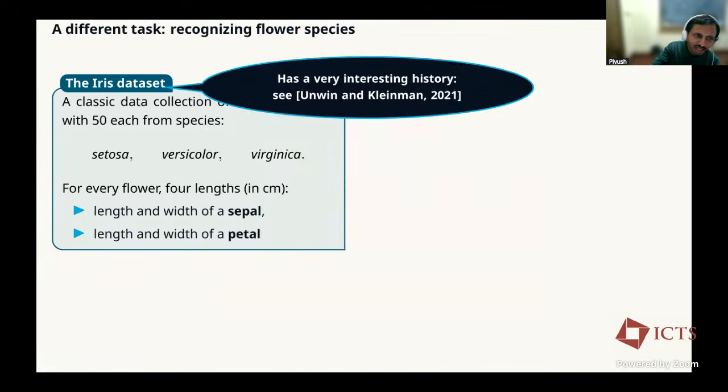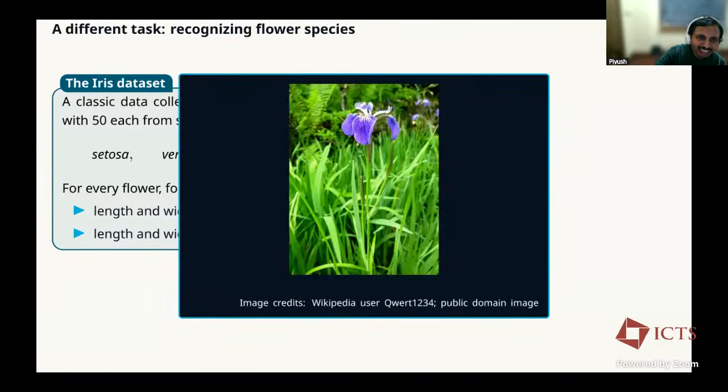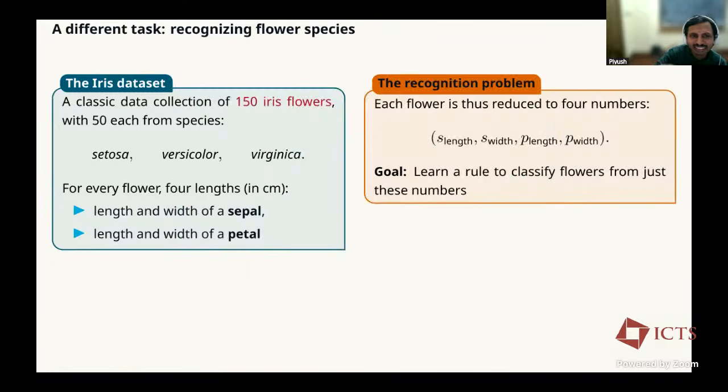Okay. But we have these 4 numbers per flower, and it's very reductive. Each flower is reduced to just 4 numbers: the length of its sepal, width of the sepal, length of the petal, and width of the petal. And the goal is for a machine to learn a rule to take these 4 numbers and classify from them which of the 3 species it is.